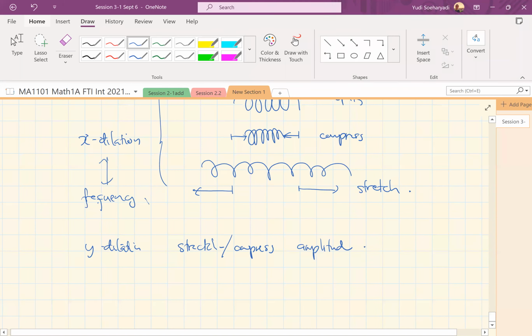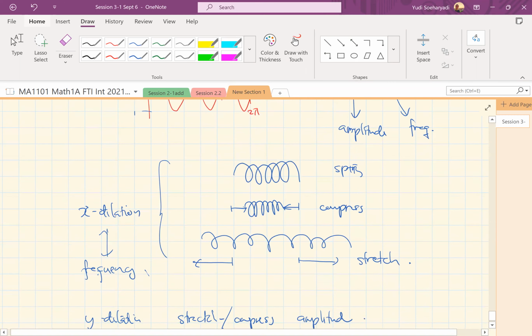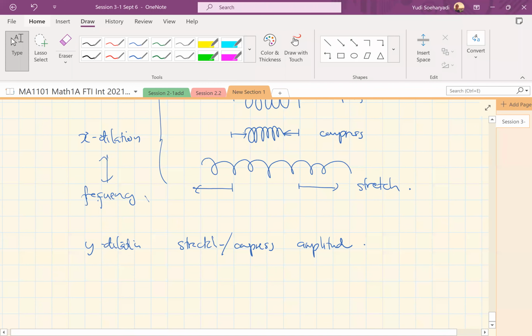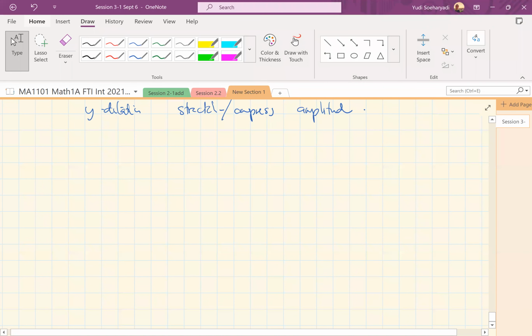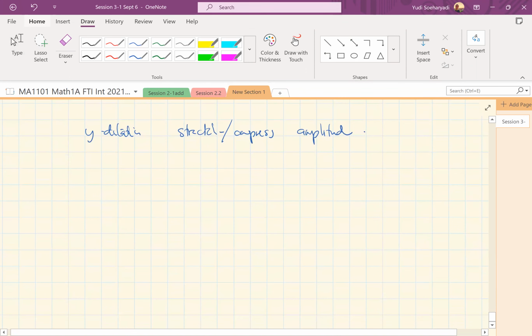Okay, so that's how you should understand dilations in terms of stretching and compressing the graph. Okay. All right. Any questions? I think no, sir. All right. Good.